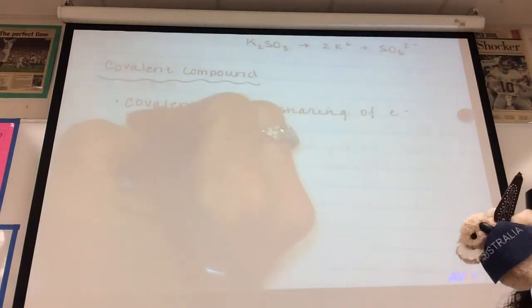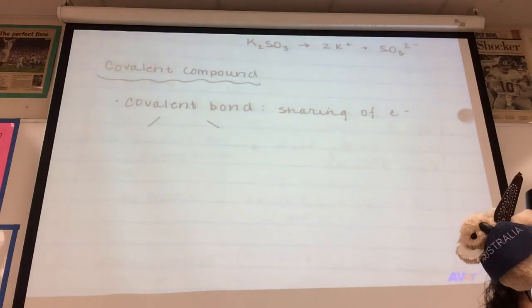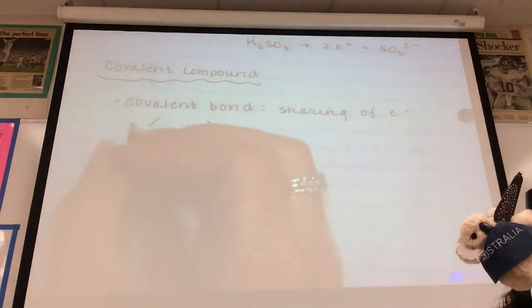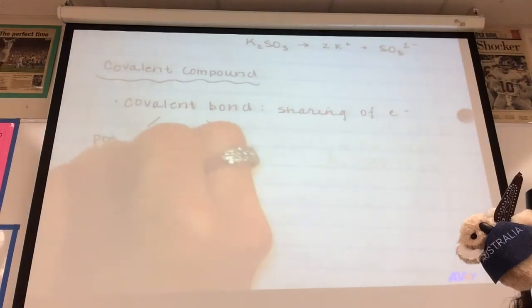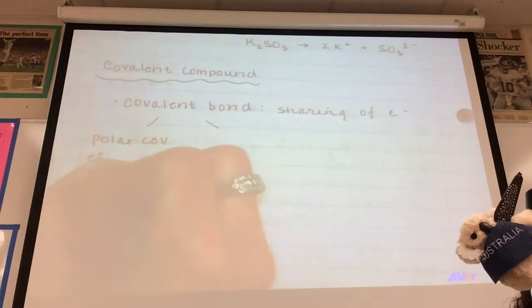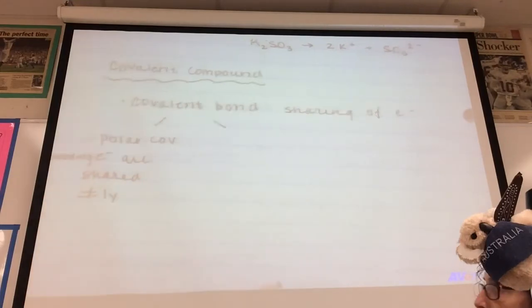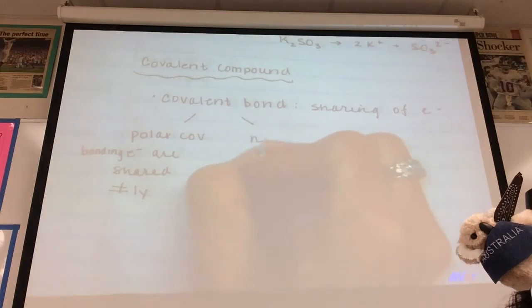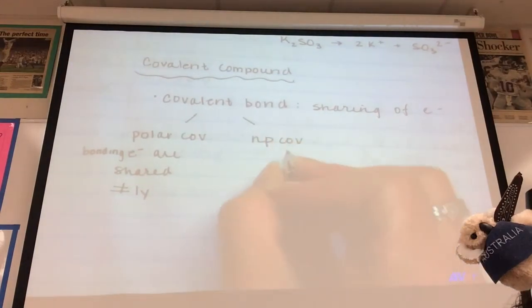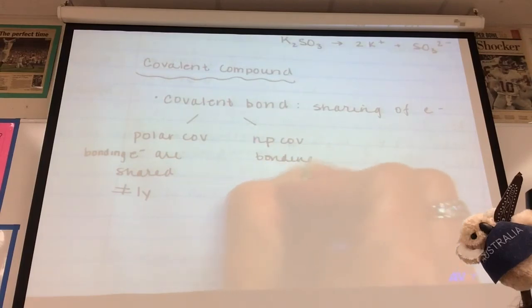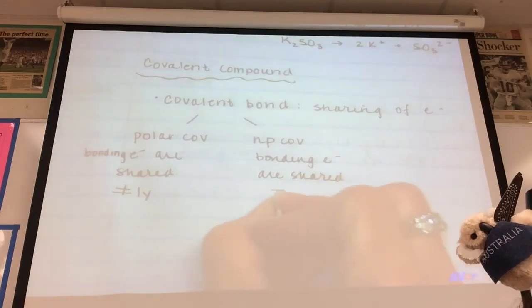And keep in mind that those electrons can either be shared equally or unequally. In a polar covalent bond, the bonding electrons are shared unequally. And in a nonpolar covalent bond, the bonding electrons are shared equally.